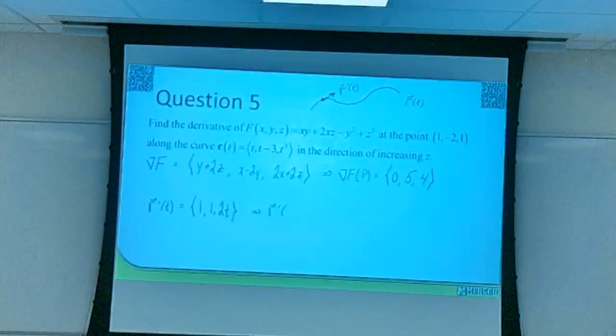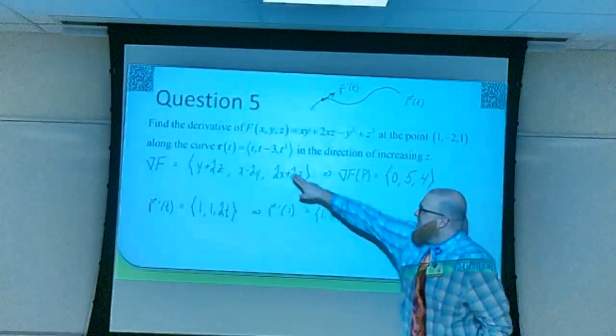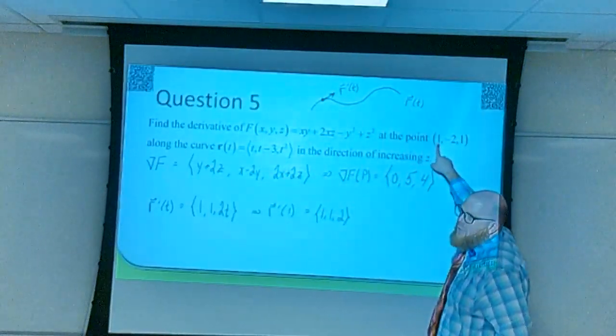How'd you get the one? I mean, 1 minus 3 is negative 1. Your t squared is 1. You just find in r of t what t gives you (1, -2, 1).